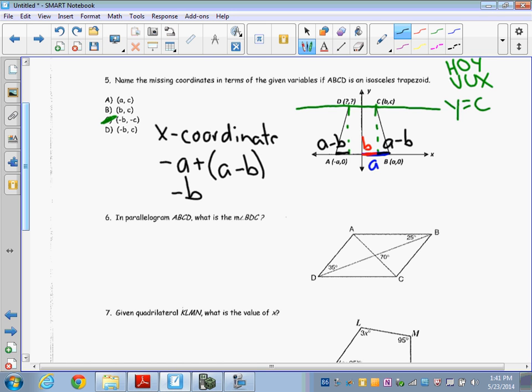And it's going to come out to negative B. So the correct answer is going to be negative B.